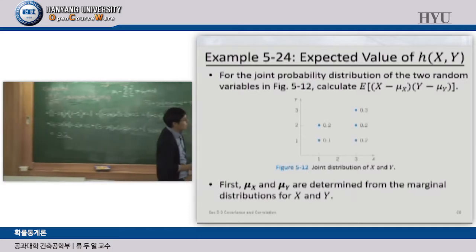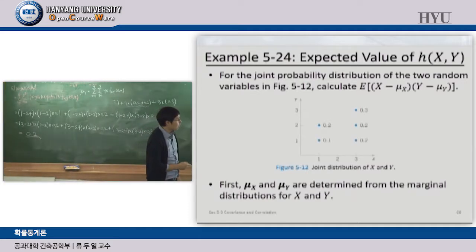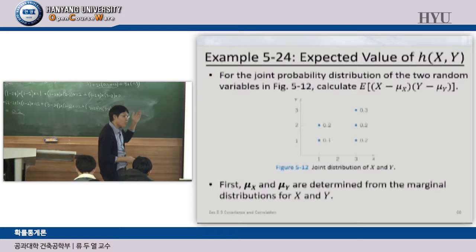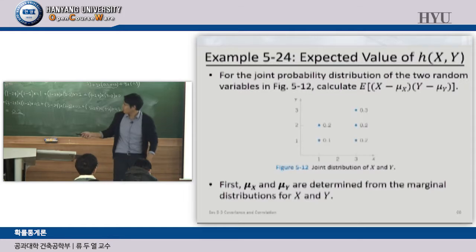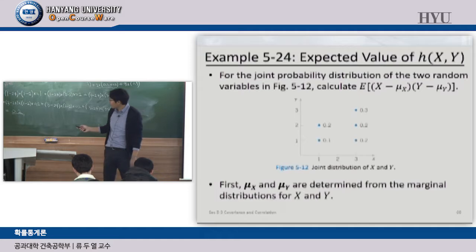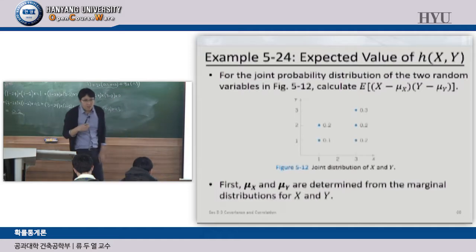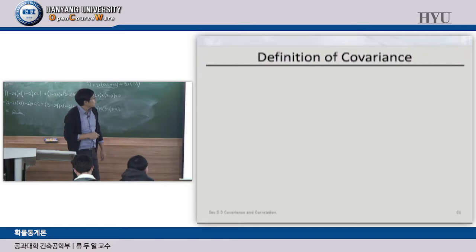So the covariance for this case is equal to 0.2, which means that when the random variable y increases, the random variable x increases, because this is the plus value. And this can be explained in a later slide when we discuss the correlation. So this is the definition of the covariance.